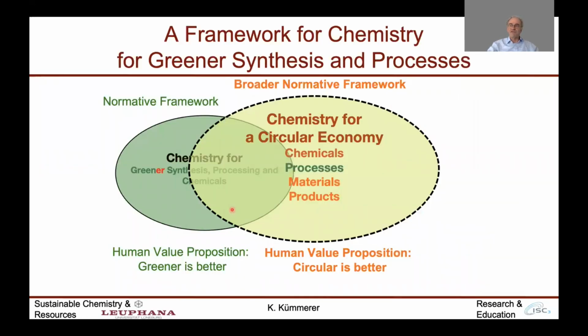With the shortage of resources, which I have not so much mentioned, but I think with fossil oil it's clear, but also with metals and other elements, phosphate, phosphorus, we have on the one hand the shortage of resources, on the other hand at the same time lots of waste we are generating.